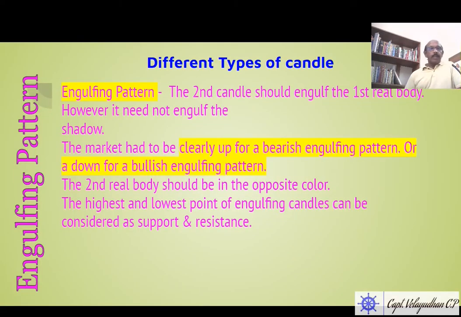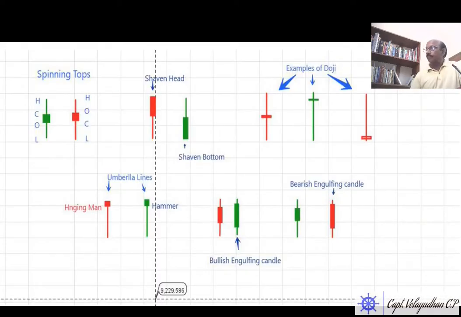Another type of candle is called the engulfing pattern. The second candle should engulf the first real body. There is a bullish engulfing pattern and a bearish engulfing pattern. This is an example of a bullish engulfing pattern. This was the previous candle.